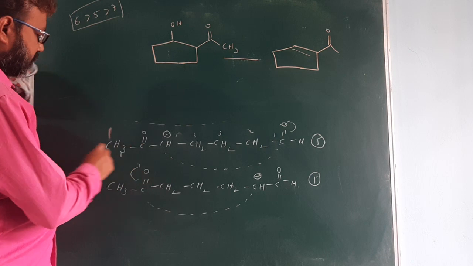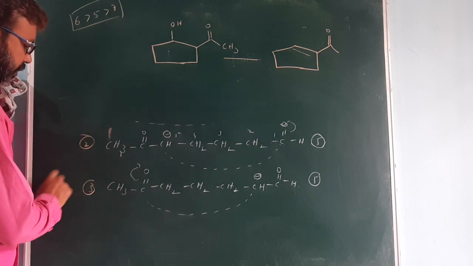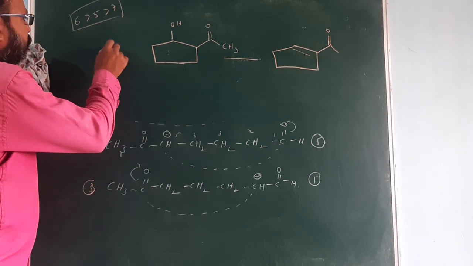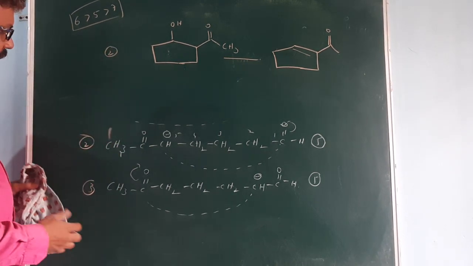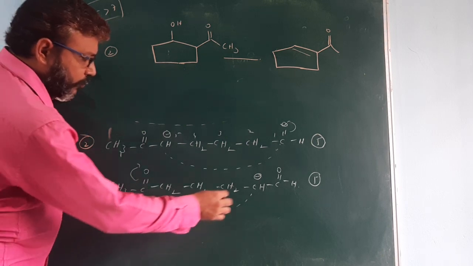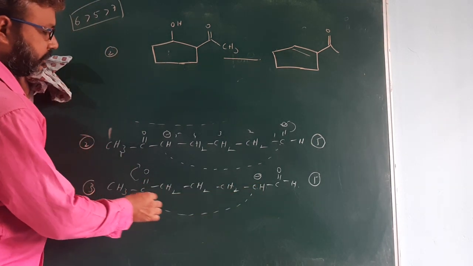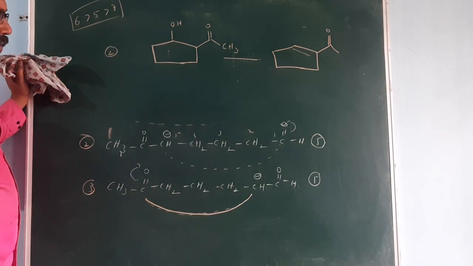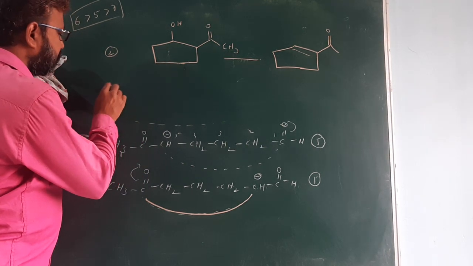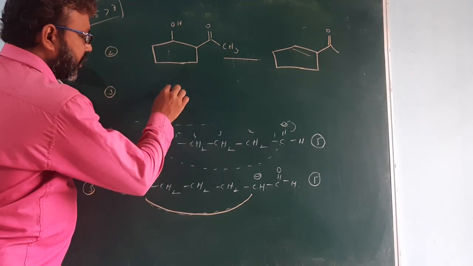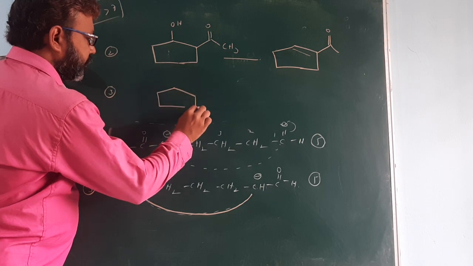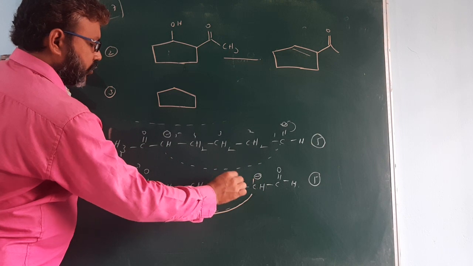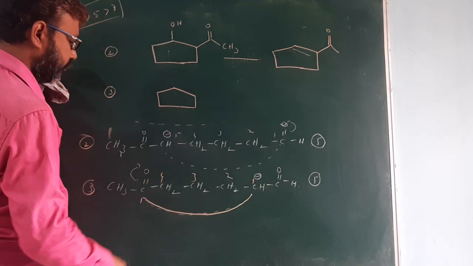So it is case 2, and then case 3. Case 1 is a 7-membered ring, which is less stable. In case 3, this CH2 attacks on this carbon. It is a 5-membered ring: 1, 2, 3, 4, 5.